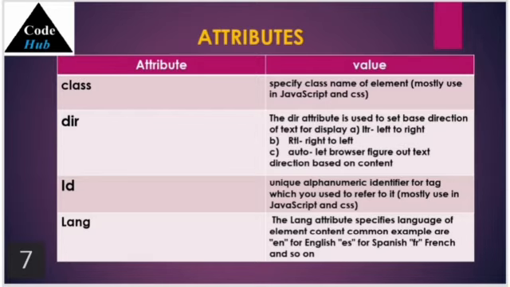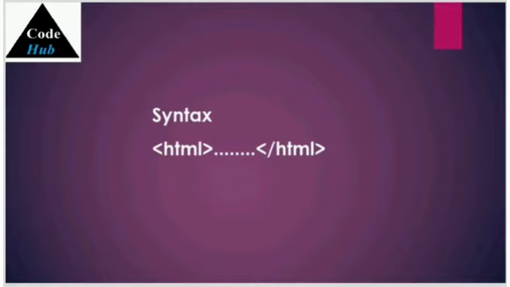It is a unique alphanumeric identifier for a tag which is used to refer to it. This is also mostly used in JavaScript and CSS. The fourth is language, specified as the lang attribute, which is used for the language of the element contained. For example, en is used for English and fr is used for French. Here is a basic HTML syntax which we use for the opening and closing of the HTML document.